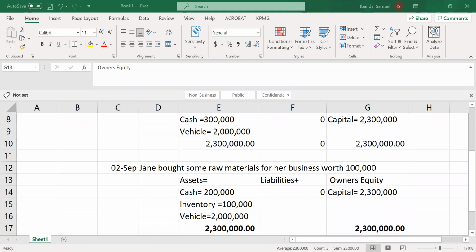Do you have any challenge in regards to the accounting equation as a topic, or any other topic? Not really. We've been following.